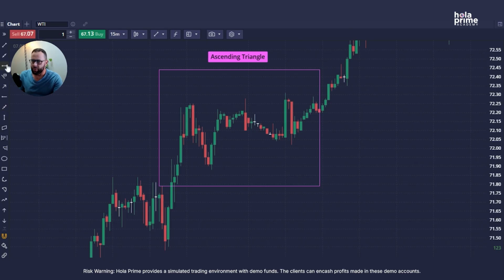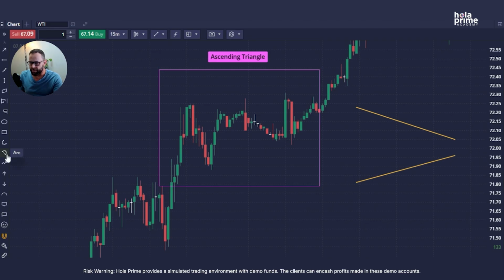So just to give you a quick recap, symmetrical triangles have angular top and bottom trend lines, right? I'll just grab my path tool quickly.